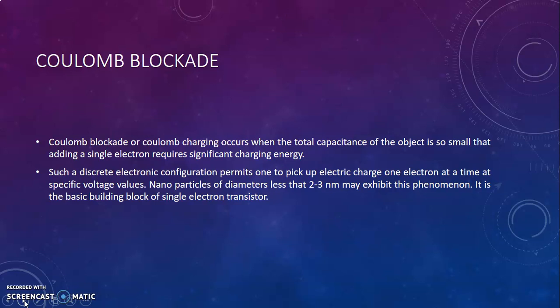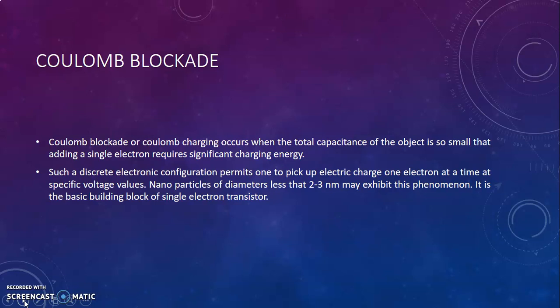Electronic discrete configuration permits one to pick up electric charge one electron at a time at specific voltage values. Nanoparticles of diameters less than 2 to 3 nanometers may exhibit this phenomenon.